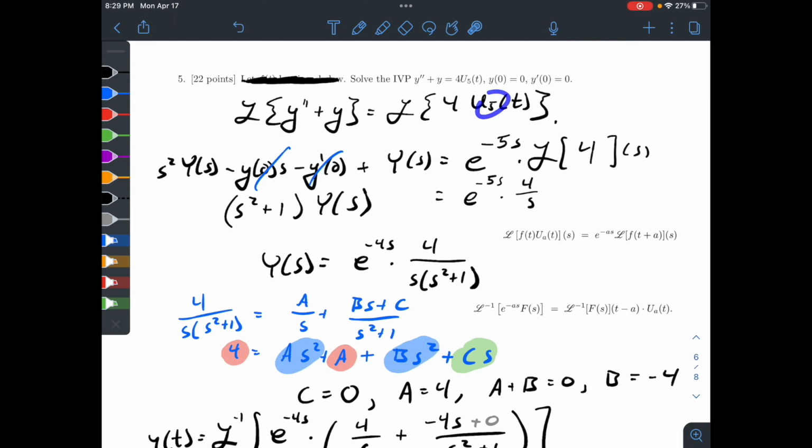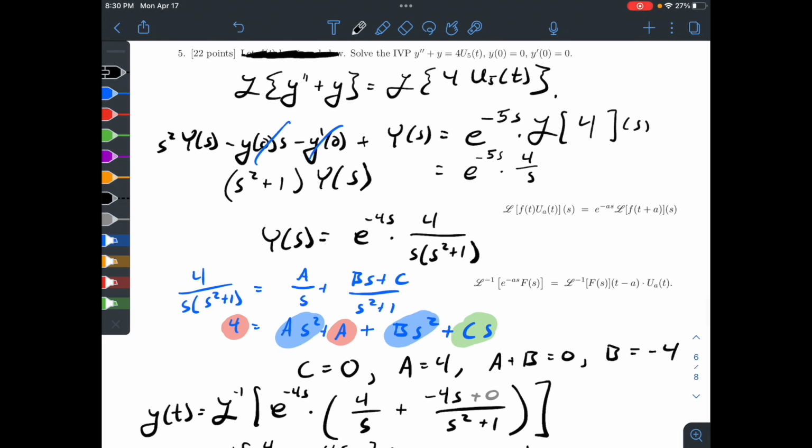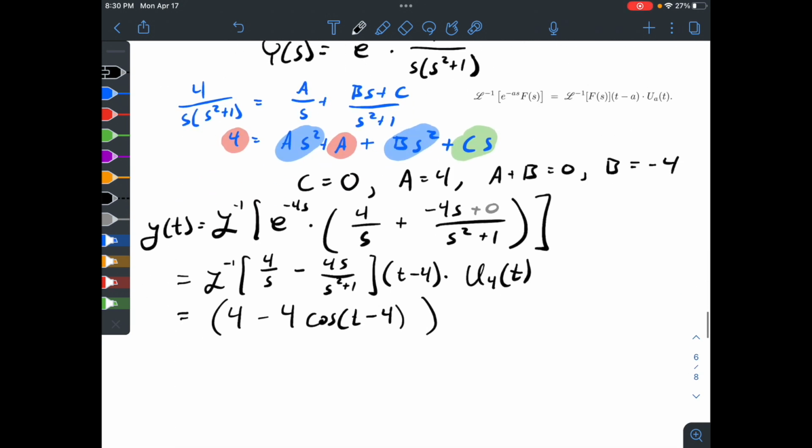This was u sub 5, so these should have been e to the -5s. I guess 4's are too close to 5's in my head. So this should have been a t minus 5. This should be a t minus 5. This should have been a u sub 5.